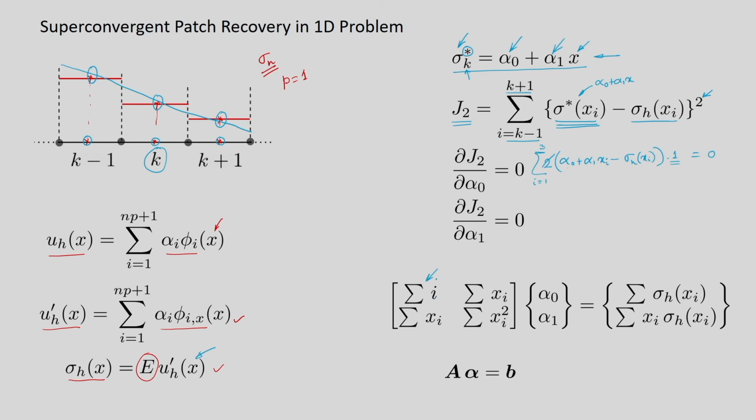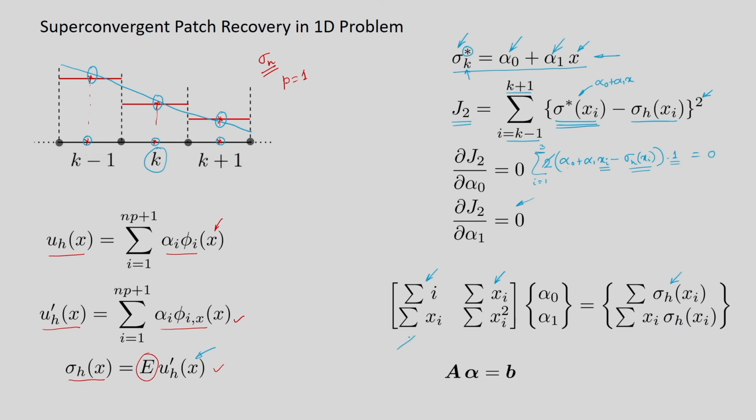Then the coefficient of alpha 1 is sum over xi. That is the next coefficient, and this is known. So, we will take the known part to the right hand side, which gives us sum over sigma I. That is the right hand part. So, we got the first equation, then we write del J2 del alpha 1, and we will get similarly the second equation.